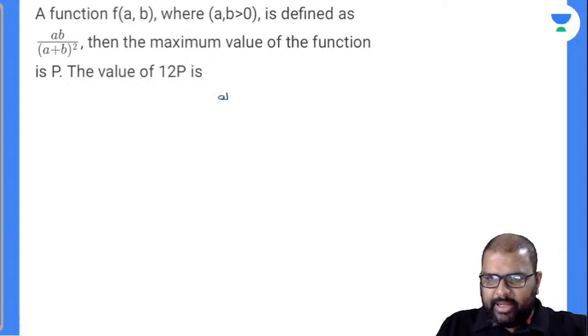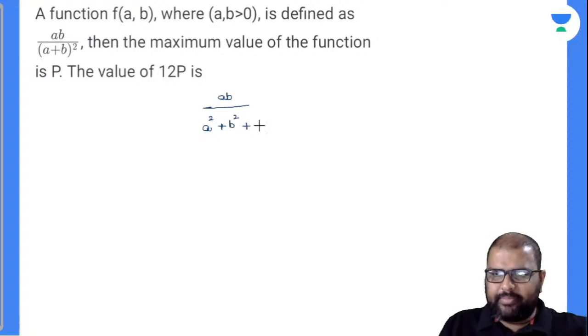ab divided by (a plus b) whole square, and (a plus b) whole square is how much? a square plus b square plus 2ab. Am I right or wrong?